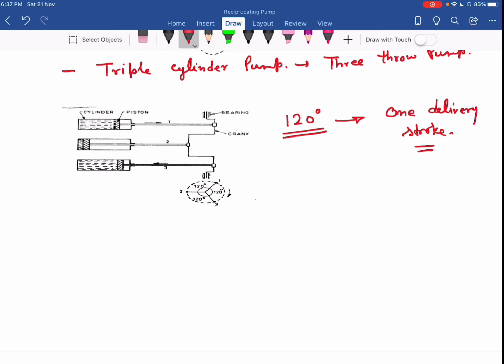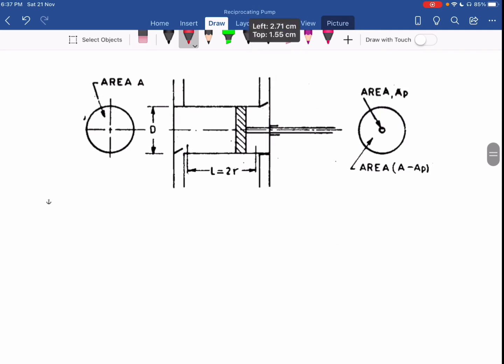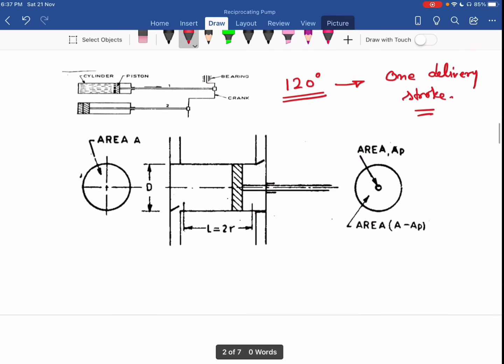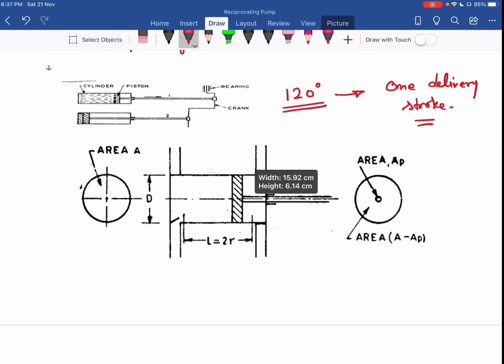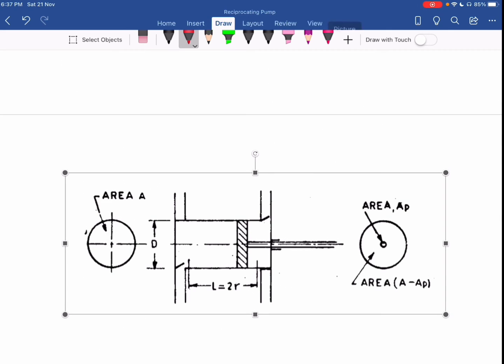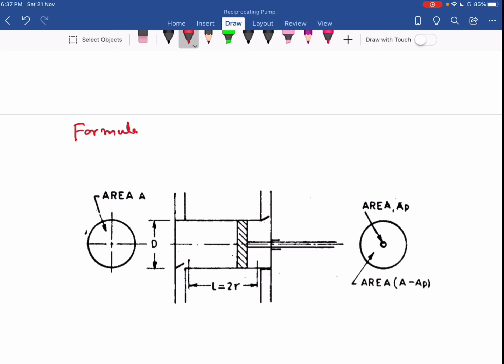The next is the formula for discharge through a reciprocating pump. Now you can see here, this is my single cylinder pump.